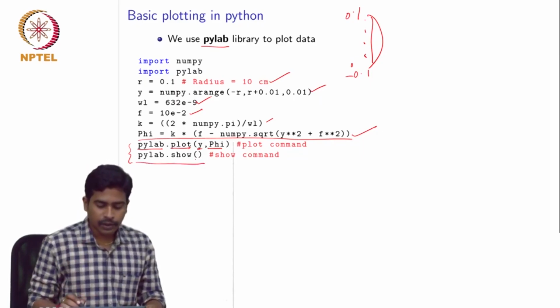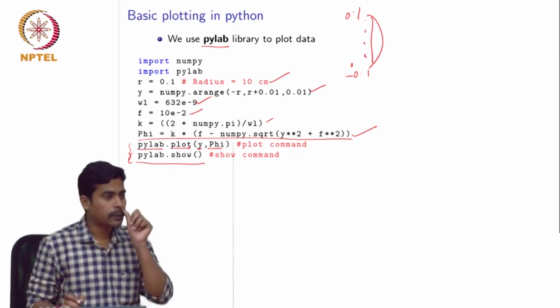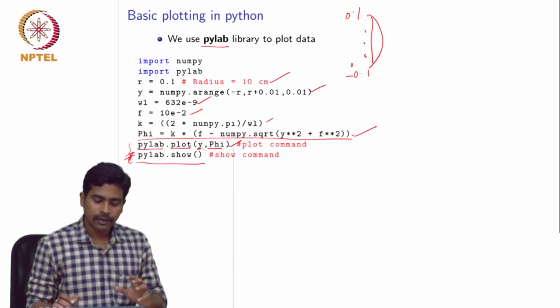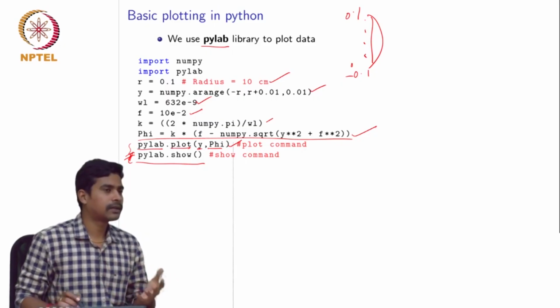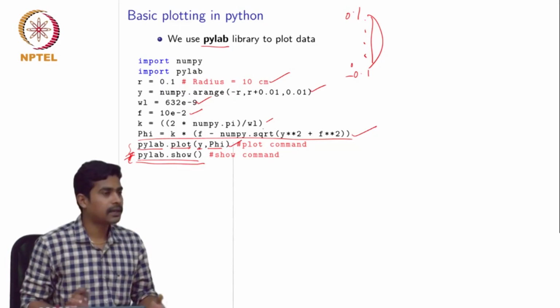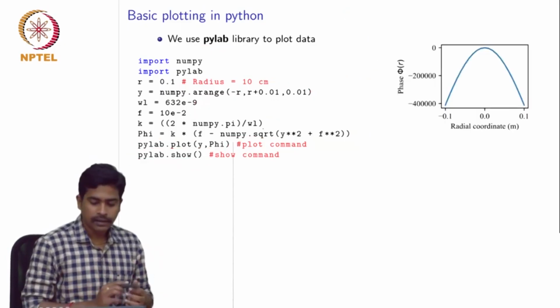And finally, we have to give this statement pylab.show to show the plot. If you don't write this command, it will execute but it won't give the plot for you to visualize. So you always have to write this statement after you use the plot command.